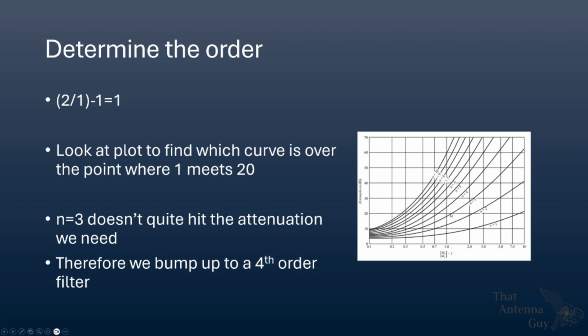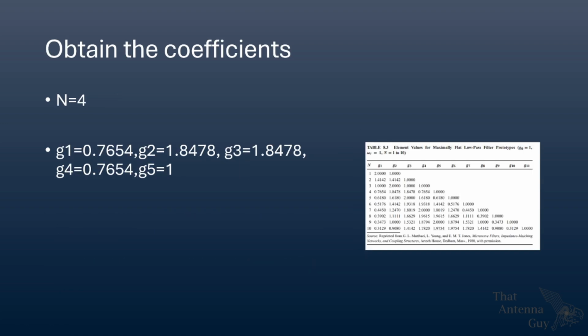Now we just are above n equals 3. So we won't achieve 20 dB of attenuation with a 3rd order filter, so we have to bump up to a 4th order filter. So once we've selected the order of our filter, we then need to go to the chart for a 4th order filter and grab all the G values. And I have them listed here.